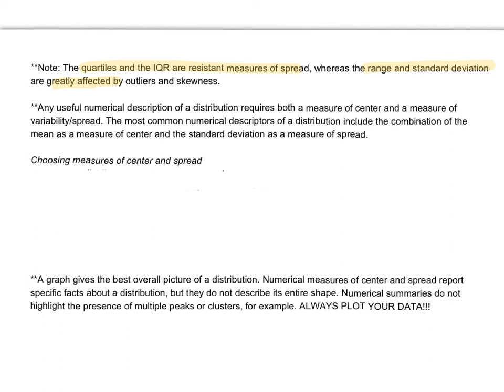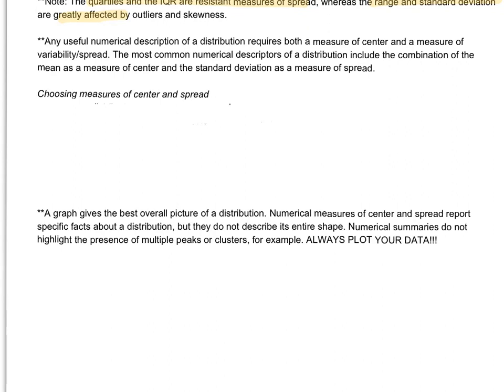The most common descriptions are a combination of the mean and standard deviation for center and spread. That's typically what's used to describe the center and spread. Now, it's not always the best choice, although it is typically what's used. The best choice is going to be dependent on what your graph looks like, its shape.